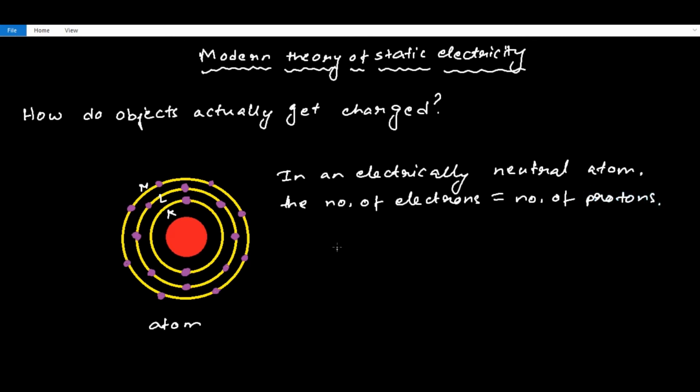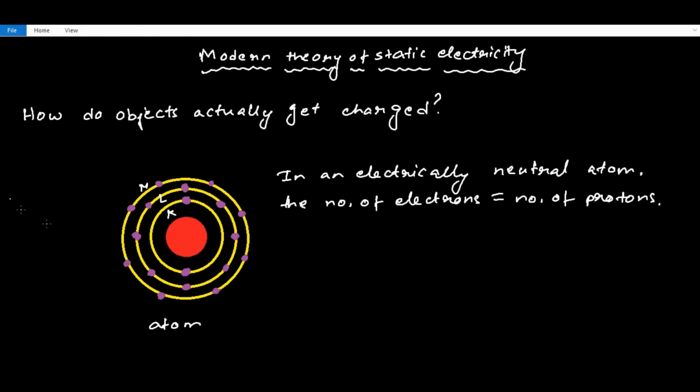That is how charges are balanced in an electrically neutral atom. So now, once there is an imbalance in the number of electrons, for example, there are a greater number of electrons or a lesser number of electrons, then that's what leads to charge in a body.